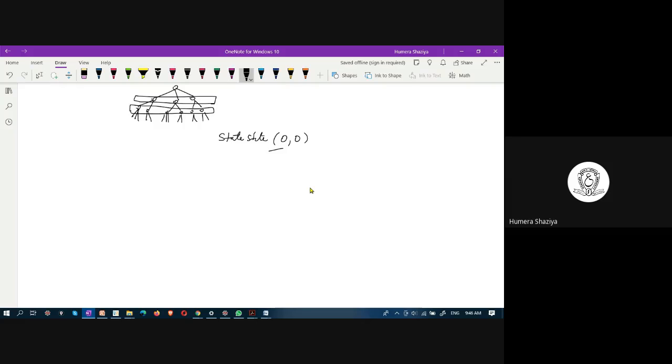On the application of rules, we have come up with two states, one step away from the initial state or start state. This is start state. When you have expanded the start state, you have arrived at two substates. This is rule number 1. This is rule number 3.